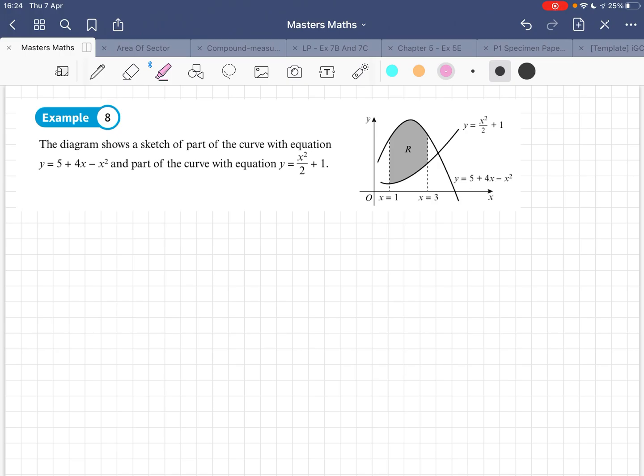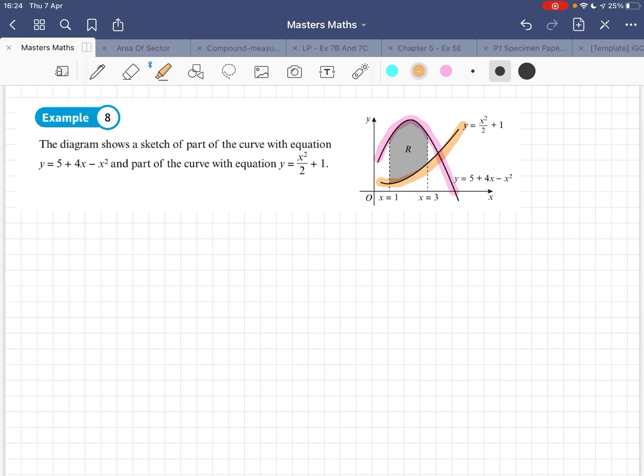Okay, so that's going to be the first, and then you're going to subtract the curve that's underneath. So y equals 5 plus 4x minus x squared is the curve that is above. So that is our first function, and then we're going to subtract the curve that's underneath, this x squared over 2 plus 1.